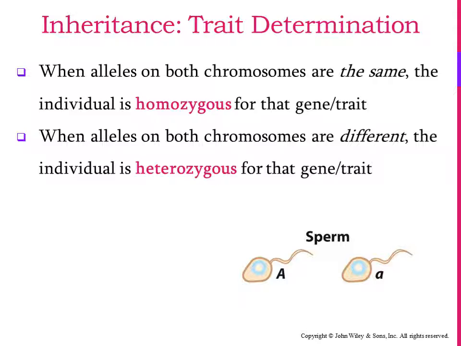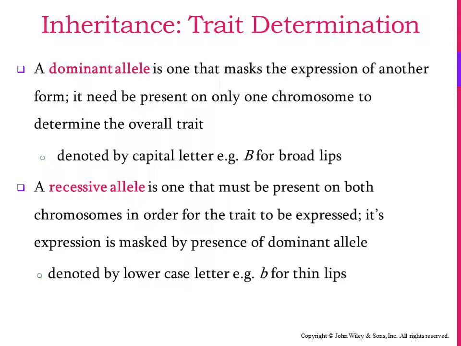We represent the various forms of the trait with letters. So capital letter for the dominant form of the trait, lowercase letter for the recessive or alternative form of that trait, and on the next slide we'll explain what dominant and recessive mean. The dominant allele is the form of that trait that when present is a form that is expressed.